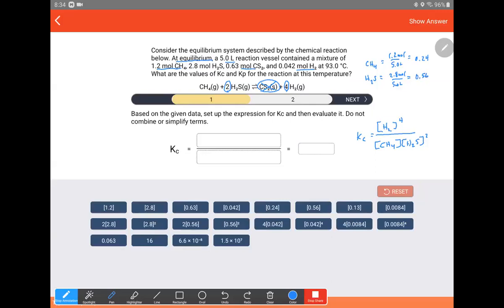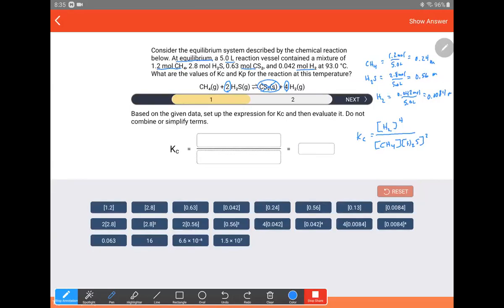And then I have CS2, which I don't need because it's not included. And then H2 is 0.042 moles over 5 liters. So 0.0084. These are all molarity.